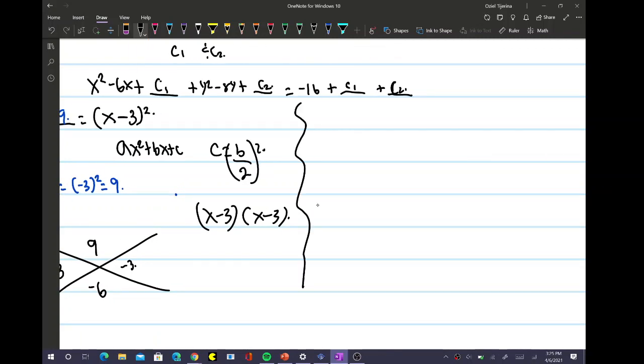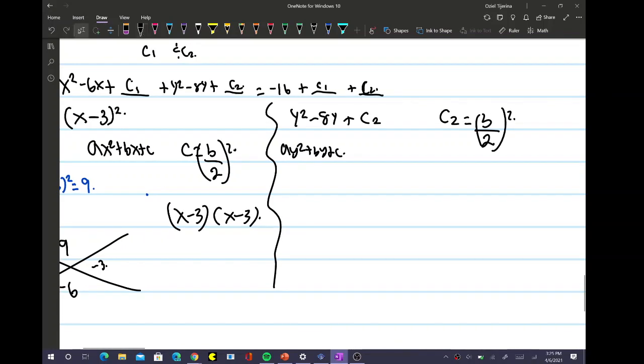Similarly, with the y portion, we have y squared minus 8y plus c2, and we want to complete the square. We want to know what c2 is. c2 is going to equal b over 2 quantity squared. Again, this is ay squared plus by plus c.